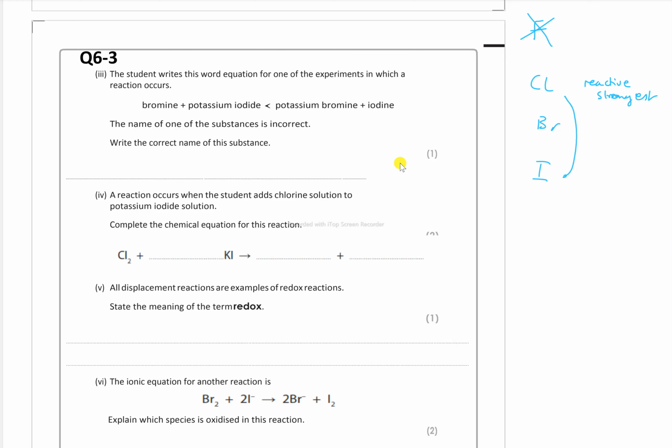So if iodine wants to displace that, it says go away, I'm stronger than you. Now will bromine displace? Yes, it will. So the name of one of the substances is incorrect. So that should be potassium bromide. You've got the ide.